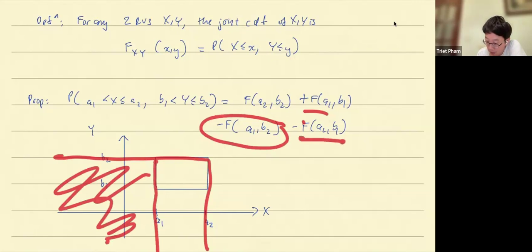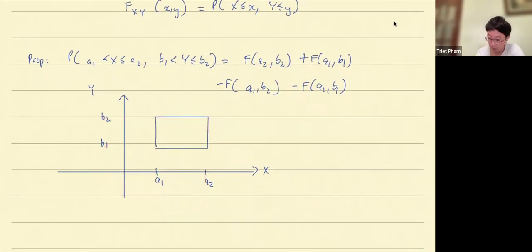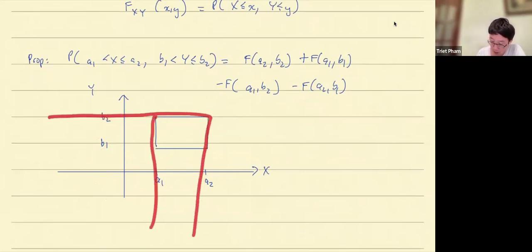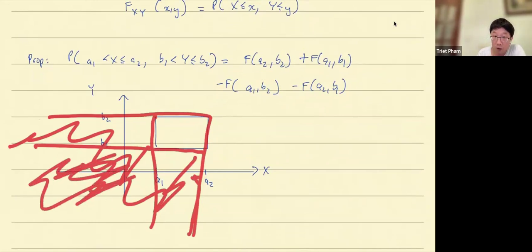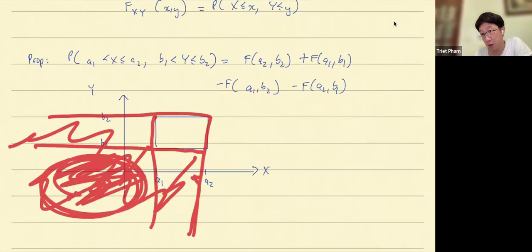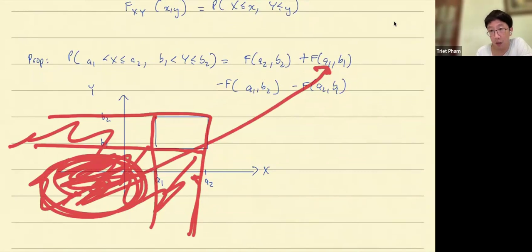But then you subtract this, so you subtract away this, and then you subtract away this. But you see, you do a double subtraction. So that's the inclusion-exclusion. You have to add back. So it's literally the inclusion-exclusion formula. That's all there is, but with the two-dimensional taste of a rectangle.